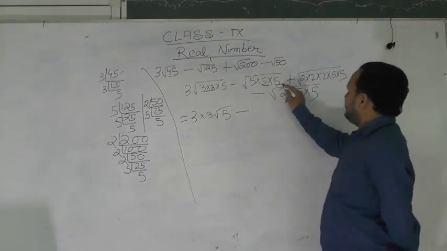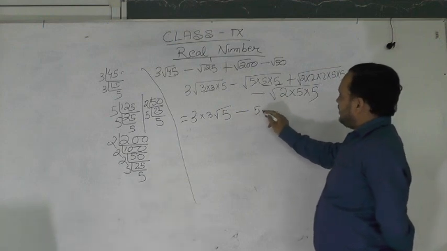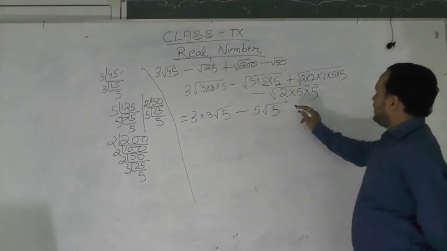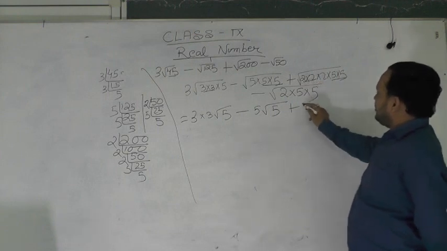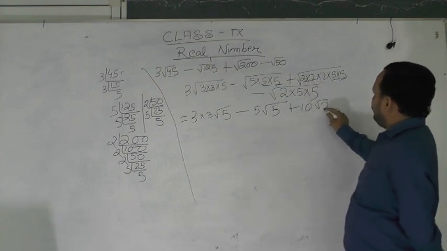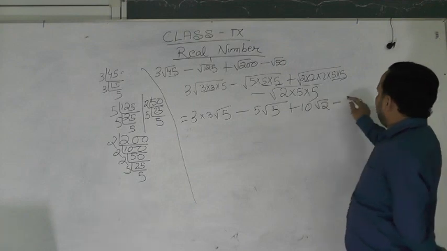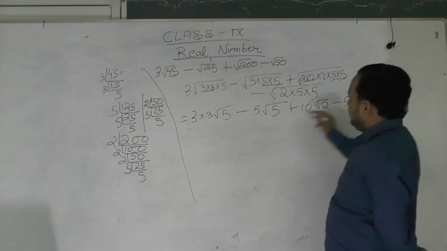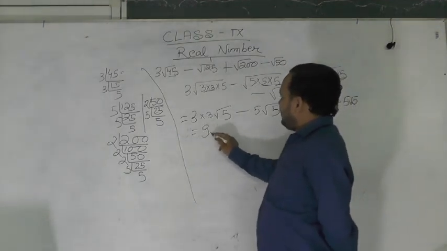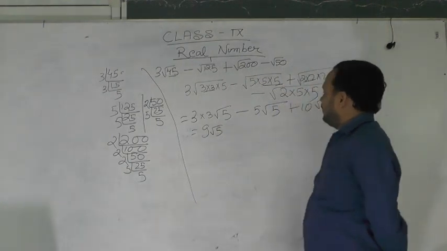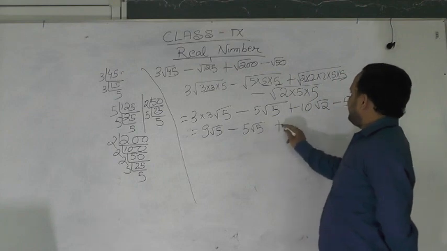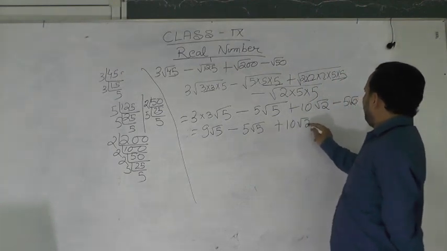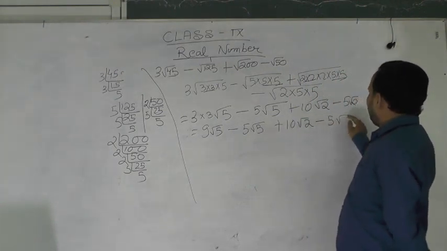In a similar way, taking out 5, it may be written as minus 5 root 5 plus, here are two different terms, 10 root 2 minus 5 root 2. It may be written as 9 root 5 minus 5 root 5 plus 10 root 2 minus 5 root 2.